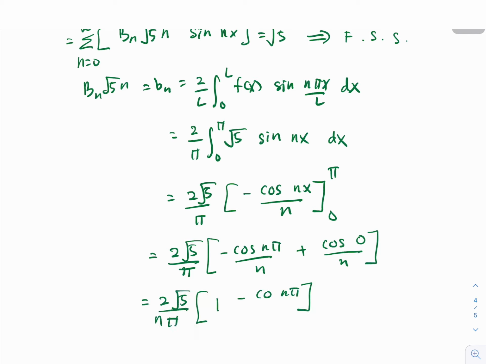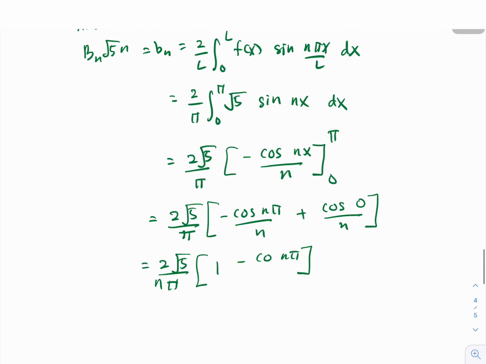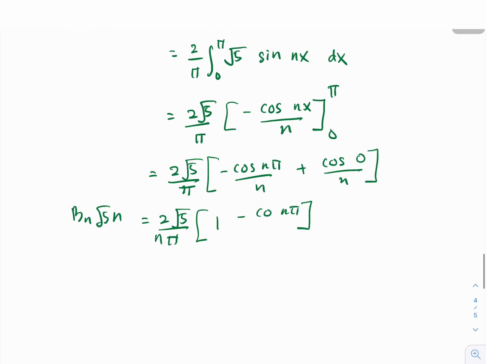Okay, so we simplify this by factorizing n. So this is b_n z5 n, but we want to find b_n only. So b_n is divided by z5 n, so 2 over n squared pi times (1 minus cos n pi).